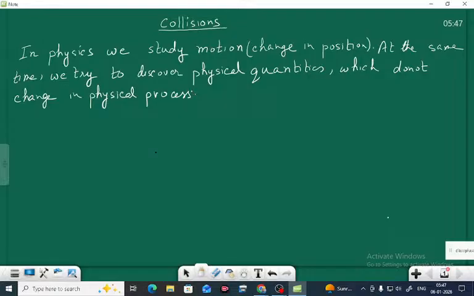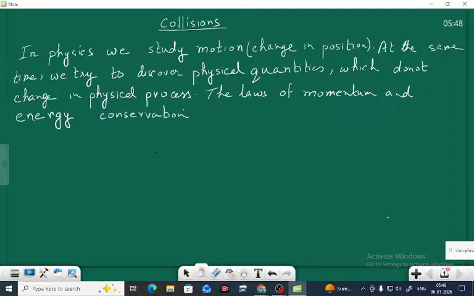The laws of momentum conservation and energy conservation are typical examples.